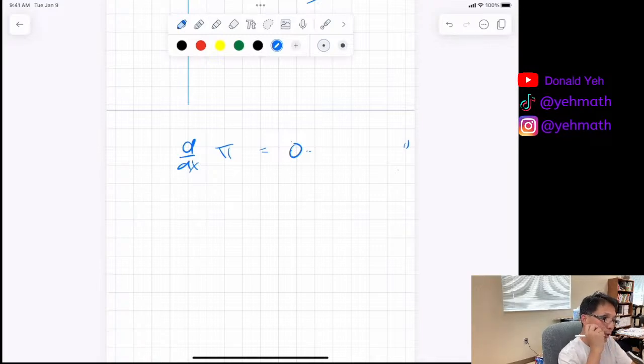Now, if you guys don't know where the power rule comes from, it's actually pretty cool. It comes from binomial expansion.